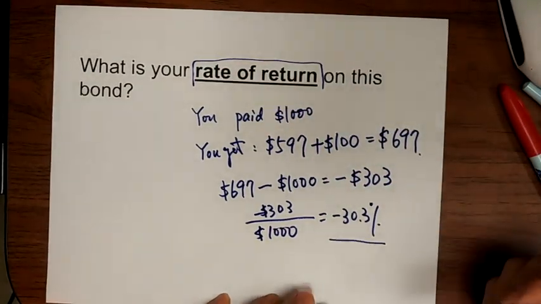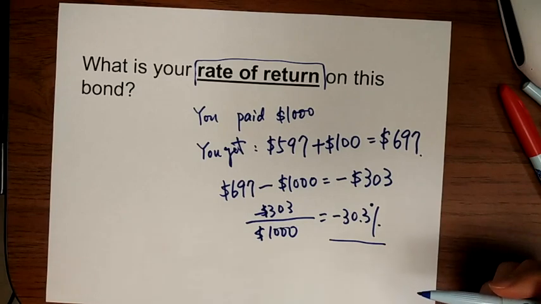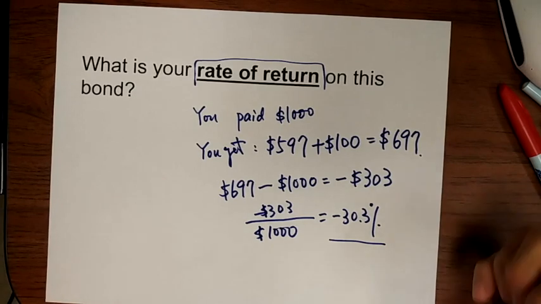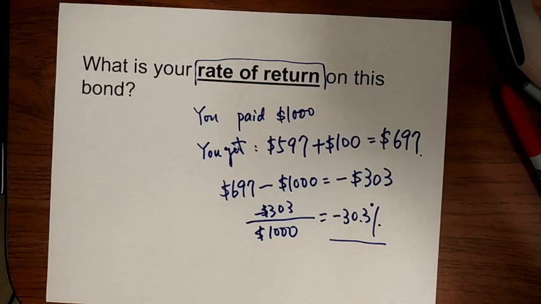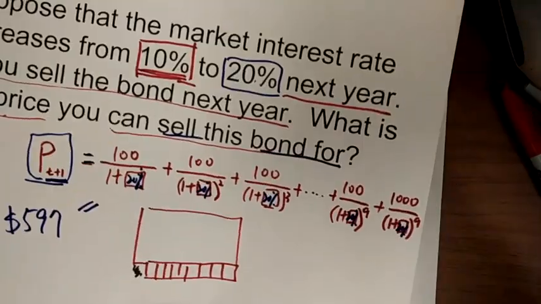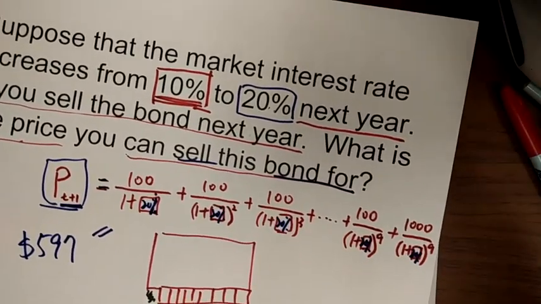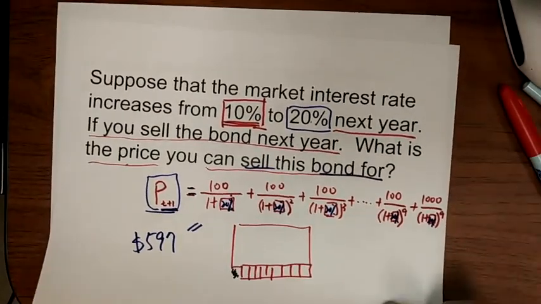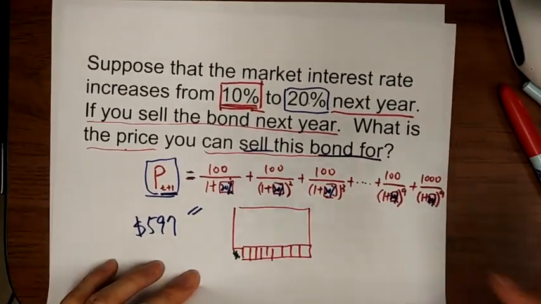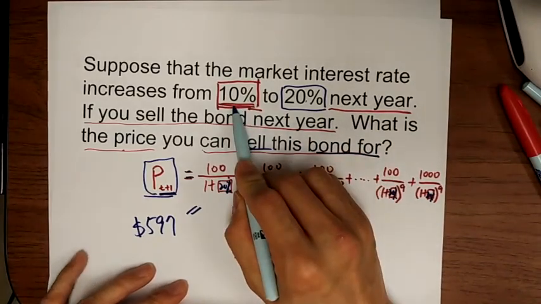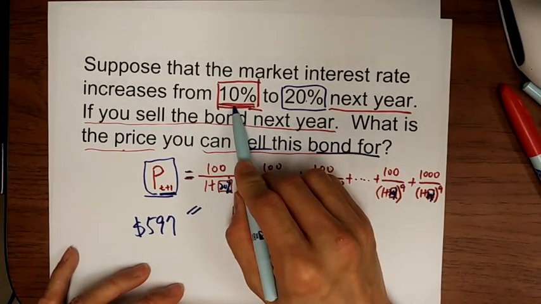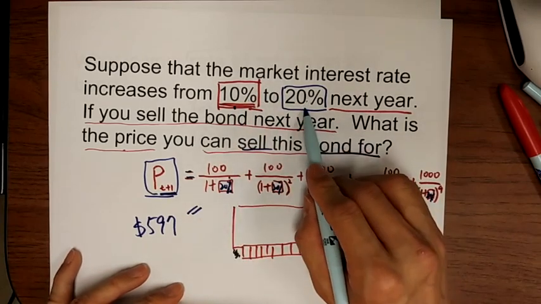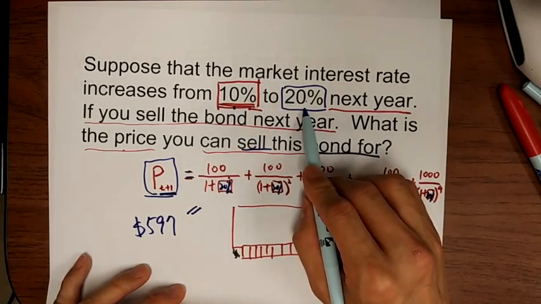You lose 30.3% if you buy the bond at par when the market interest rate is 10%, and then you sell 1 year later when the market interest rate is 20%.